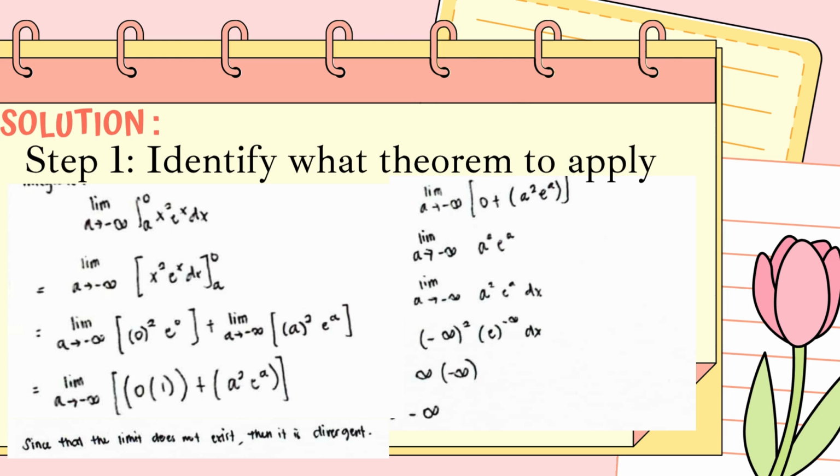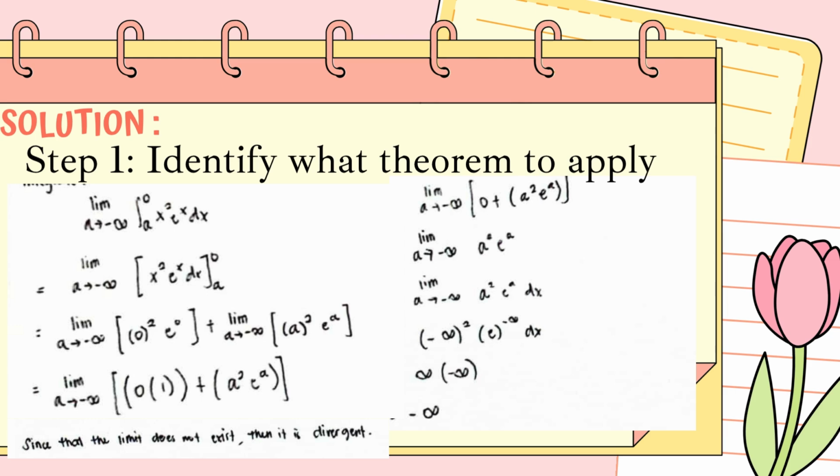So 0 to the power of 2 is 0. Then e to the power of 0 is 1. So 0 times 1 is 0. Here we just simply copy the a squared times e to the a.